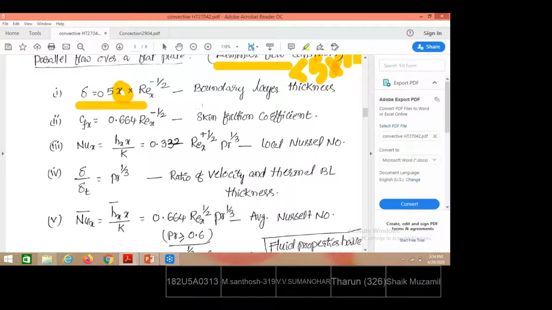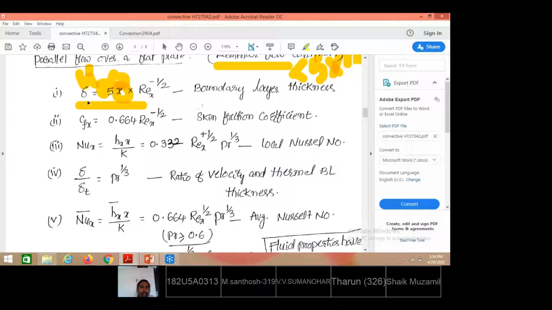We have decided that boundary layer thickness means the height where the velocity of the fluid layer will be equal to the free stream velocity, U infinity. That height will be decided, so we are saying it as the velocity boundary layer thickness.